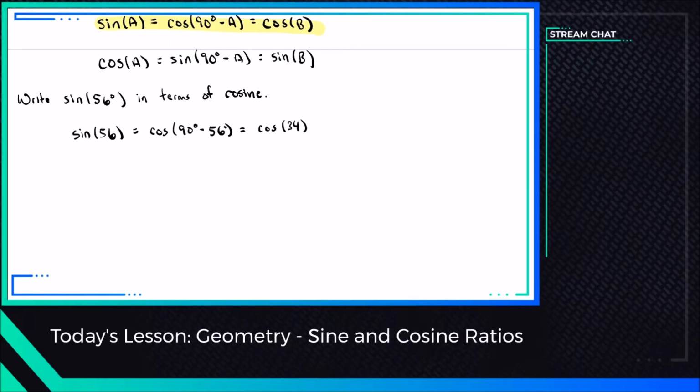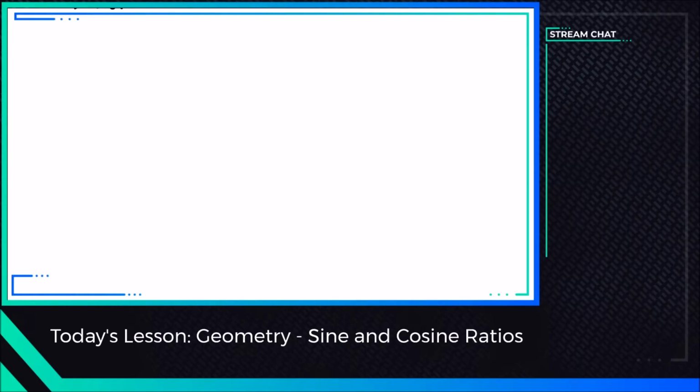So let's go ahead and keep that in mind now, and use this to find the length of x and y using sine and cosine.